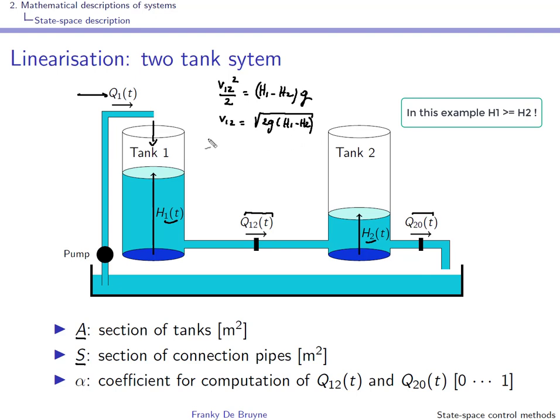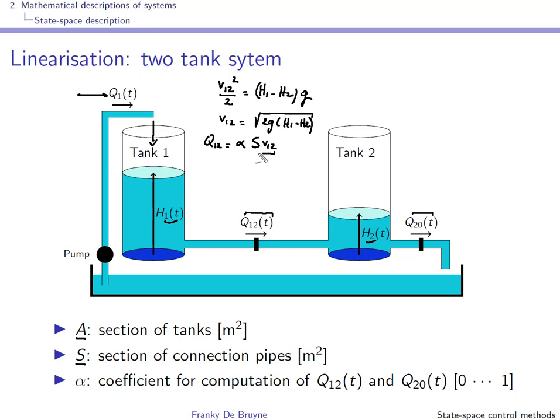And Q12 is simply V12 multiplied by the section, and then multiplied by alpha, which is a discharge coefficient somewhere in the neighborhood of 0 to 1.